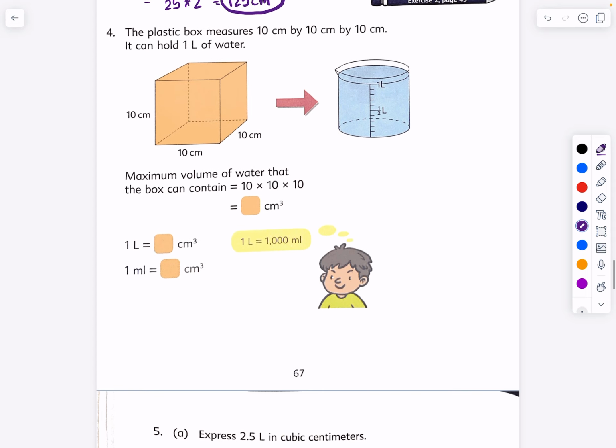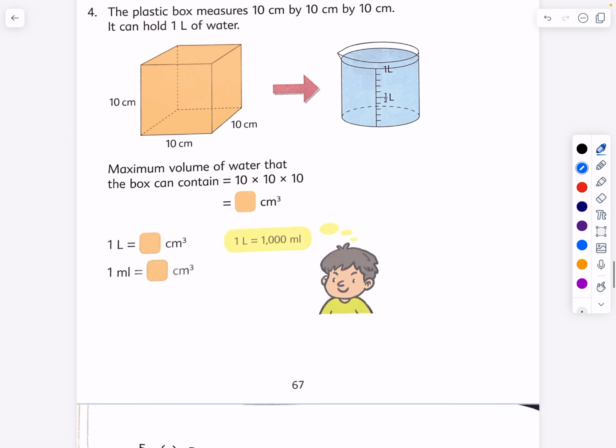Now, the most important thing that we're going to leave our lesson with is that in mathematics, which comes from physics, which comes from the definition in the real world, we usually say that 1 liter of water is equal to 1,000 milliliters. That we know from last unit. But today we're learning something different.